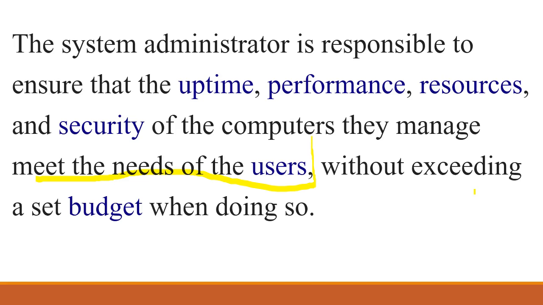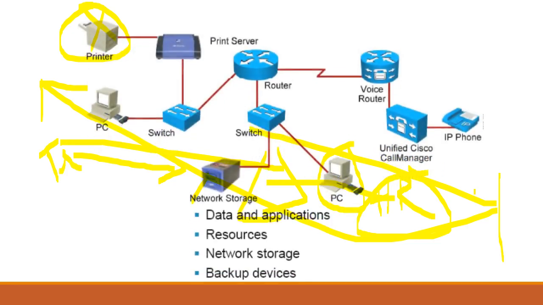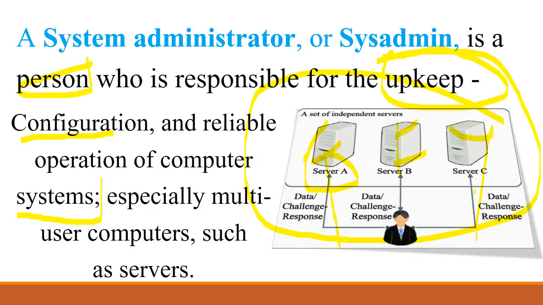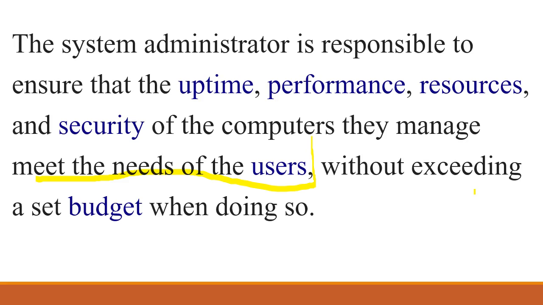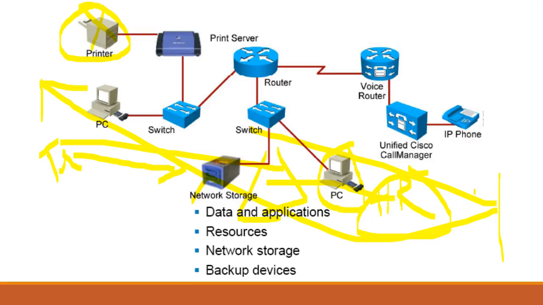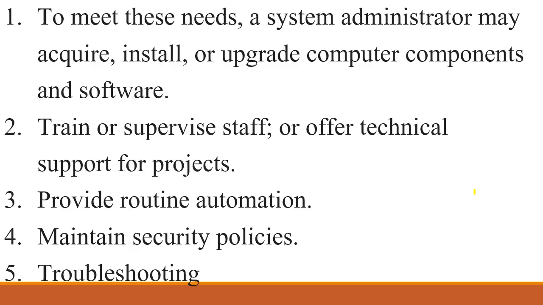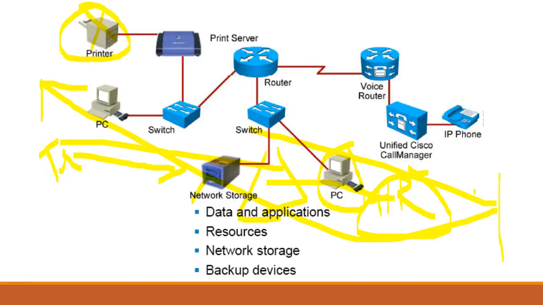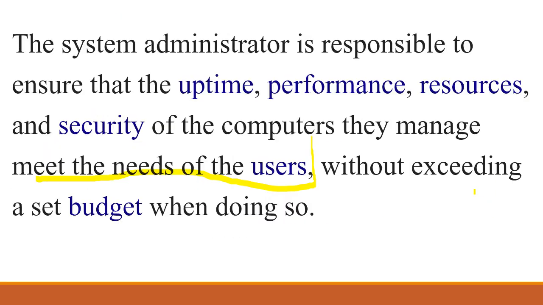You have to complete this requirement of this infra. Inside that it should be up, performance should be good, resource security should be there, but you don't demand more than 3 lakh. The system administrator should not say I need 6 lakh. He should try to fulfill all the requirements with that 3 lakh rupees only. That is also a very important skill, and a big responsibility on the system administrator's shoulder.